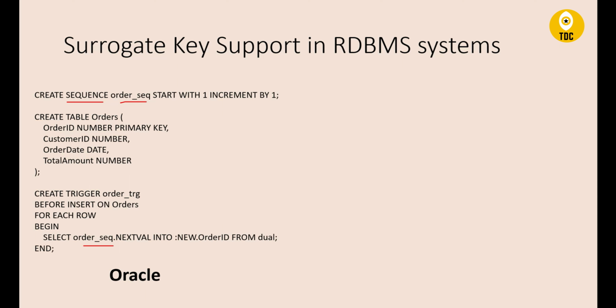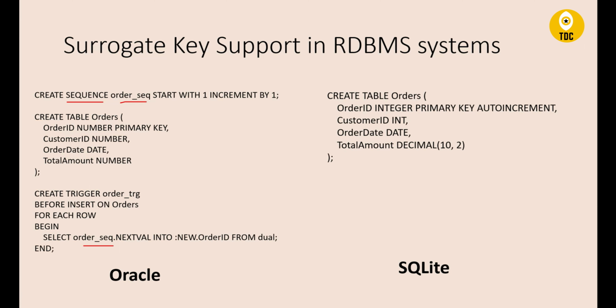So it's not so straightforward in Oracle. And in SQLite, you again use AUTOINCREMENT as a keyword at the end. Syntactically it is different, but conceptually it is the same, right? Almost any RDBMS you take has the surrogate key concept, just that the syntax is different. That is what we wanted to show.